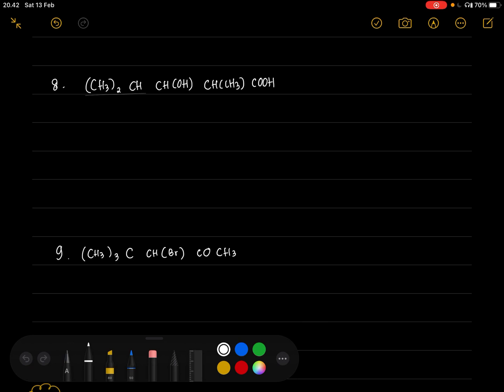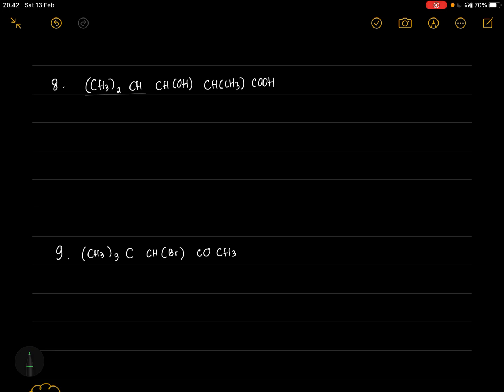So I will rewrite it again in a different format, so it will be easier for you, or easier for me as well, to name it later on. I'm using green. So here I'm rewriting, so it becomes CH3 and then CH. Do not forget, if there are two CH3 in the bracket, it means that these two CH3 are attached to the same C. And then we have the CH; usually I put the bracket for the branch.